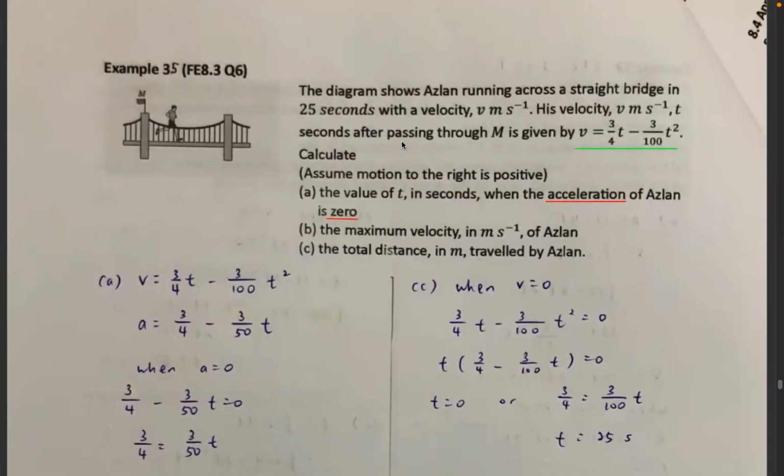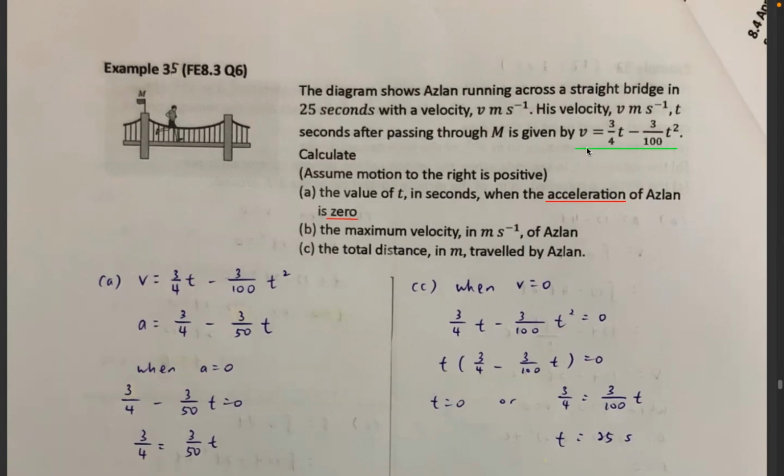Example 35. The diagram shows Aslan running across a straight bridge in 25 seconds. His velocity after passing through M is given by v equals 3/4 t minus 3/100 t squared. Calculate the value of t in seconds when the acceleration of Aslan is 0.